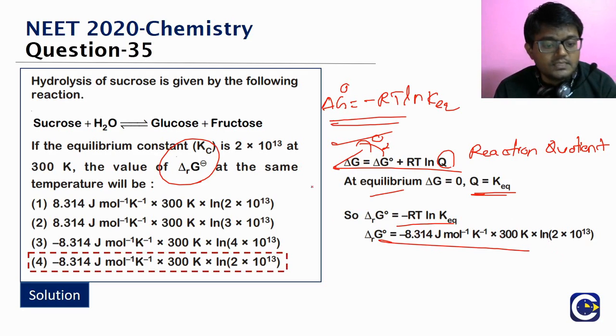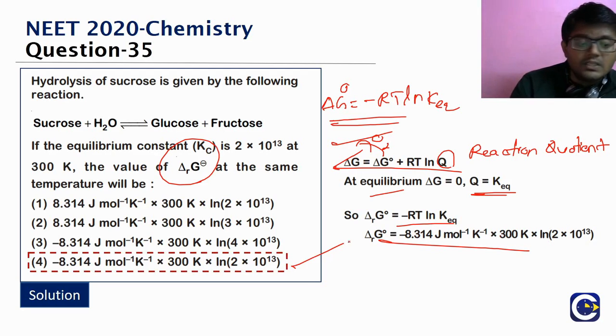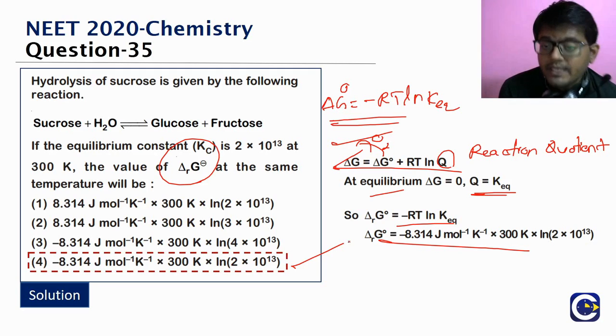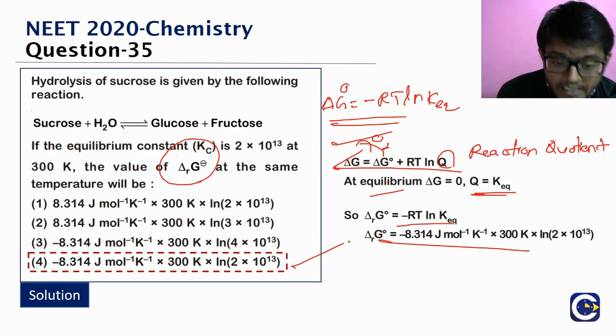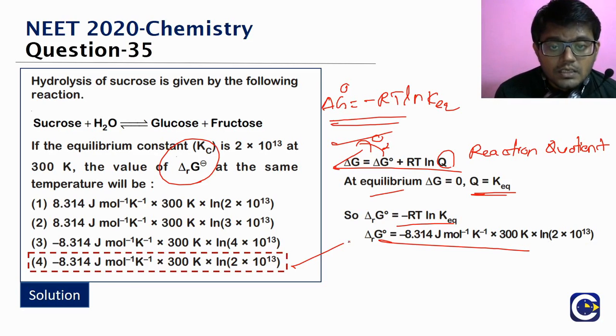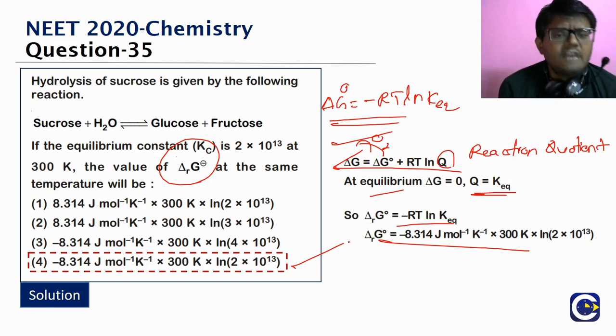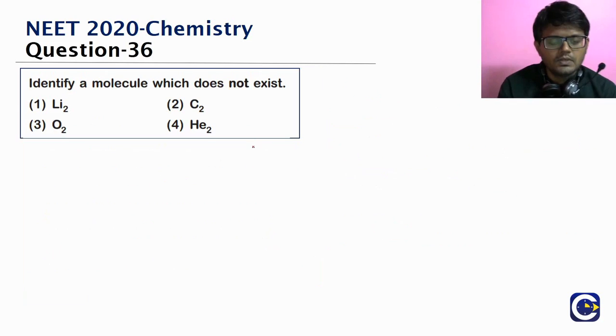So the correct expression is Option 4, minus 8.314 joule per mole per Kelvin into 300 Kelvin into ln K equilibrium, where K equilibrium is 2 into 10 power 13. It's a straightforward question. We just have to remember the relation between del G naught and equilibrium constant.